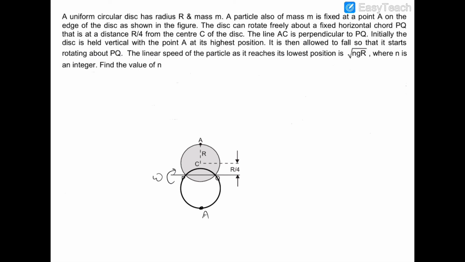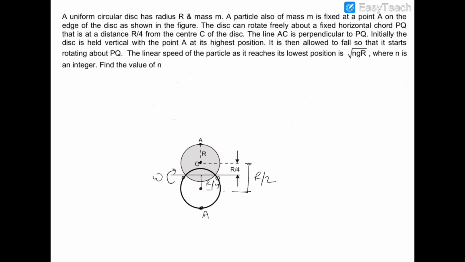So this ring has descended in such a way that the center of this ring was initially above the axis by a distance of r by 4, and now this center has descended by a total distance of r by 2, because it is now below the axis by a distance of r by 4.